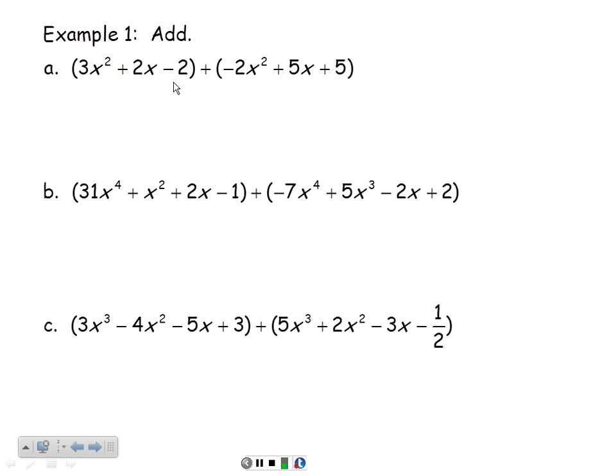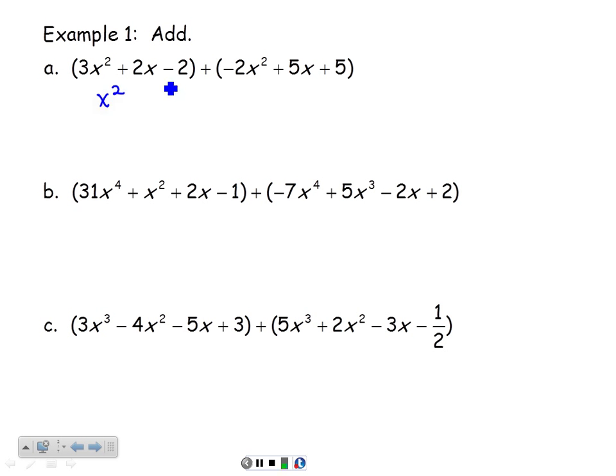So for example, watch this. You have a group of a trinomial plus another group of a trinomial. And out of each one of these groups, you're just combining like terms. And so look, you have a 3x squared plus a negative 2x squared. And that's going to be 1x squared.